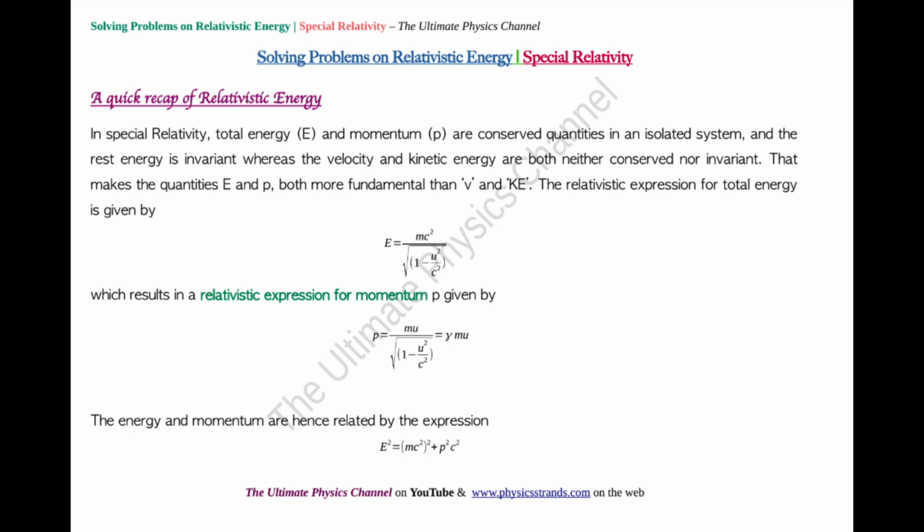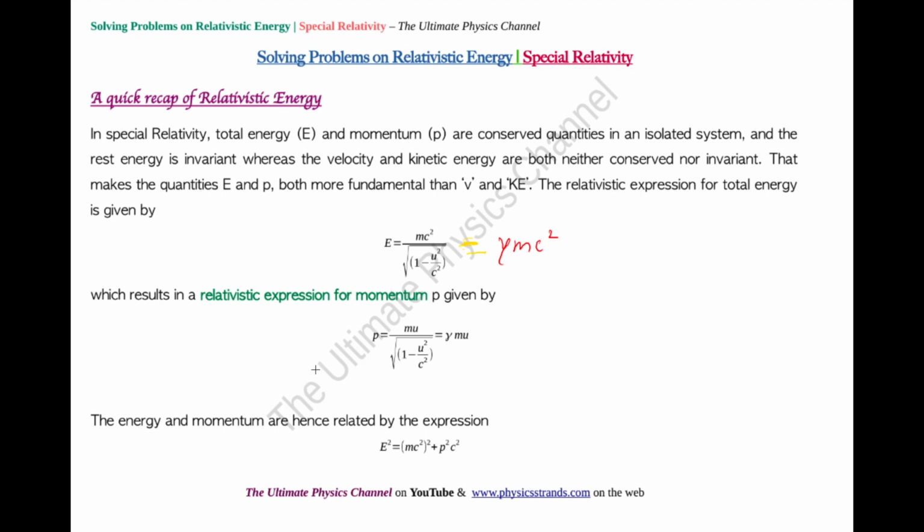P is equal to mu over square root of 1 minus u squared over c squared, and this can also be written as gamma times mu. Similarly, we can write the total energy as gamma times mc squared.